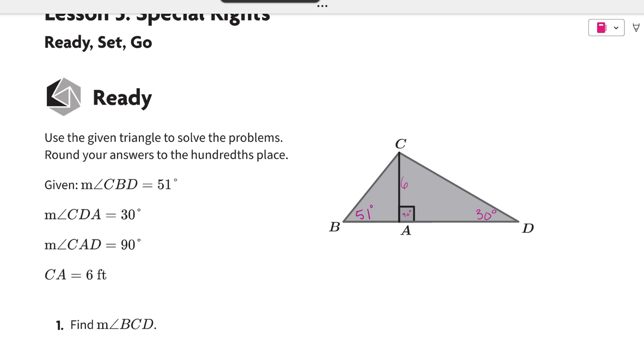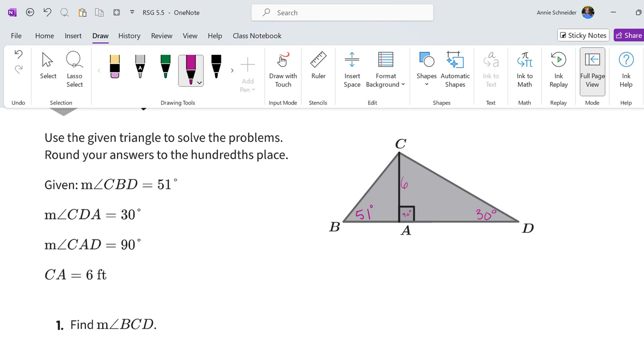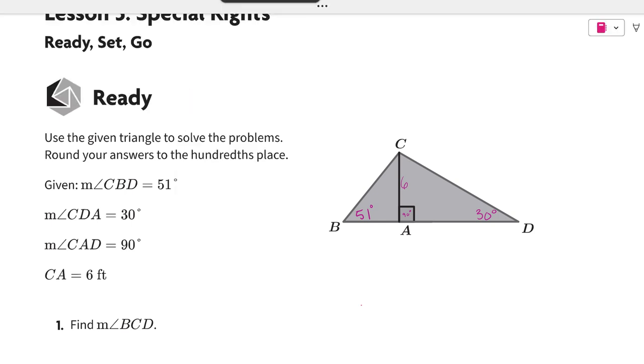So the first thing it wants us to do is find the measure of BCD. Angle BCD is this angle right here. We know that triangles total 180 degrees. So if we're looking at the whole triangle BCD, we already know that angle B is 51 degrees, so we can take that away, and angle D is 30 degrees, so we take that away as well.